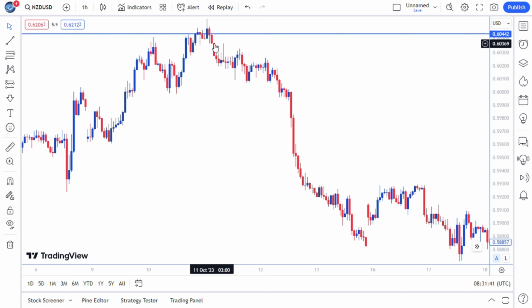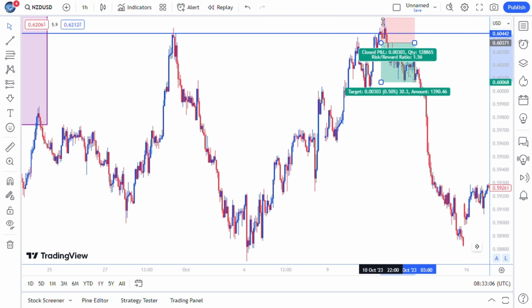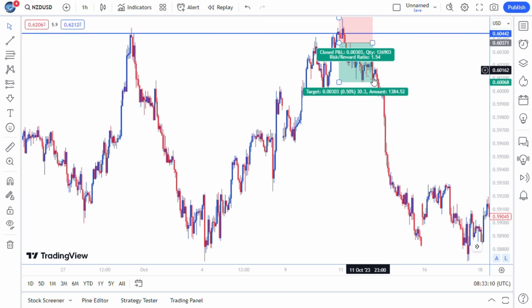The reason being that prices reacted at the resistance level. Let's take a look at a short position. The stop loss level will be placed above the high of this candlestick.